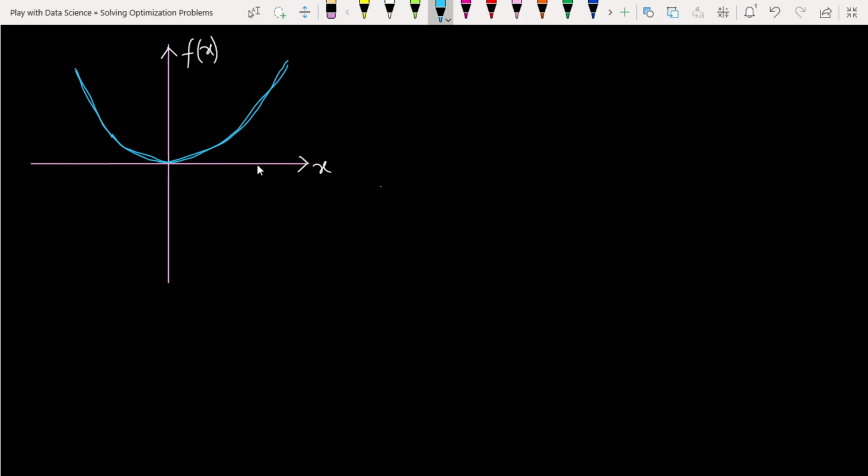Now if you see this picture, you can easily find the optimal value. Here the optimal value is at x equals 0 in this function, where we have the minimum value.